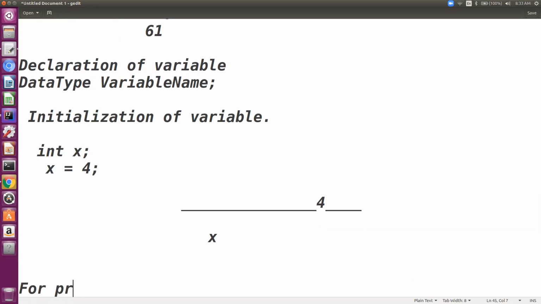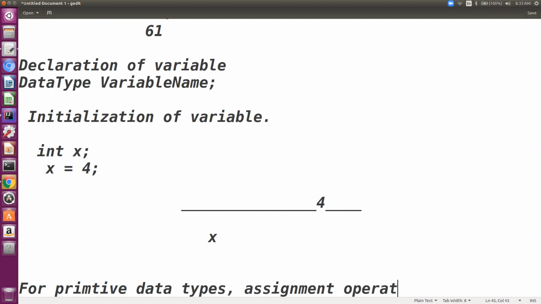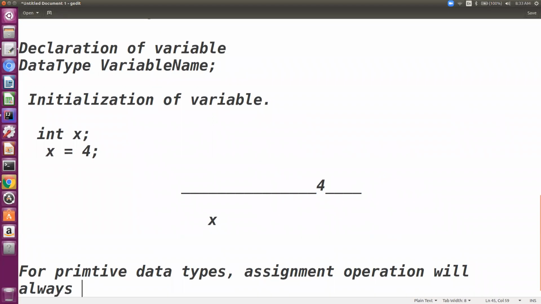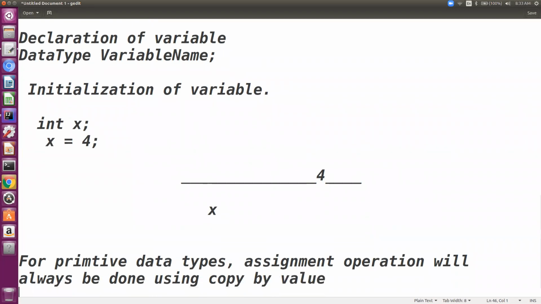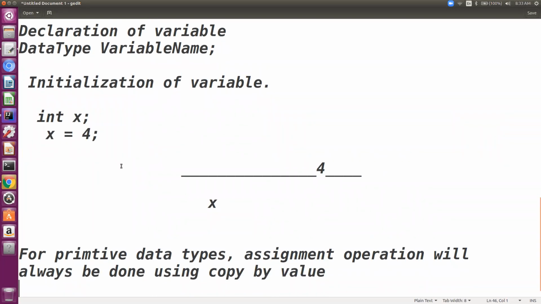This is one of the most important things to remember. For primitive data types, assignment operation will always be done using copy by value. What it means is, I am assigning here 4 to variable x.